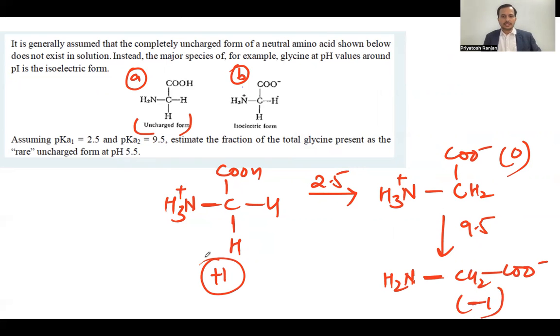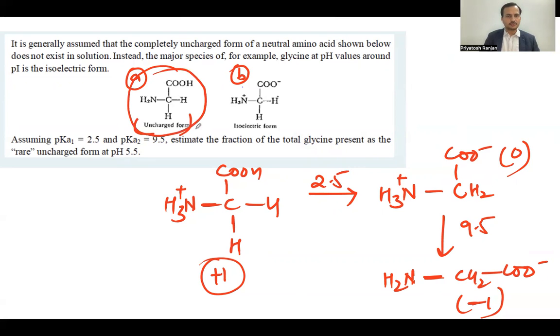Now, what I need to calculate is the concentration of the fraction of this species.